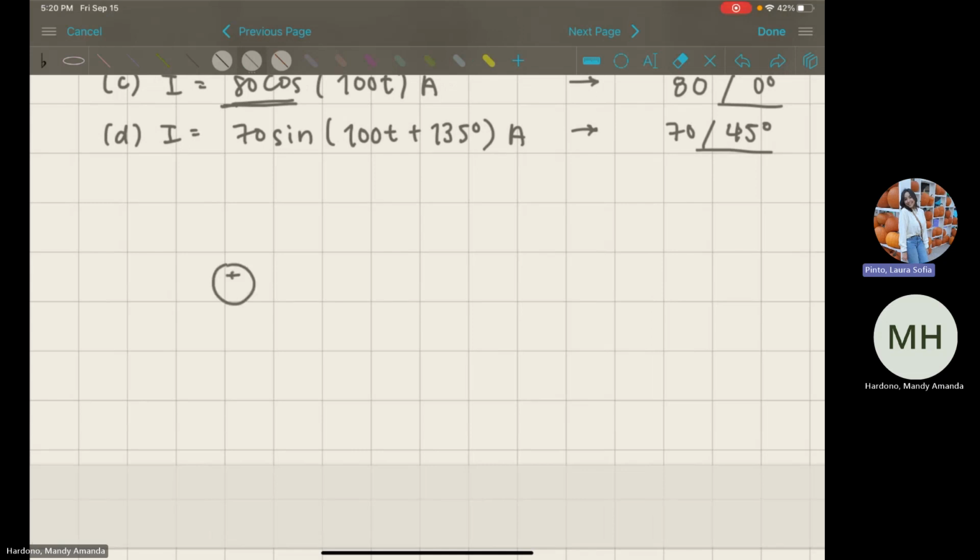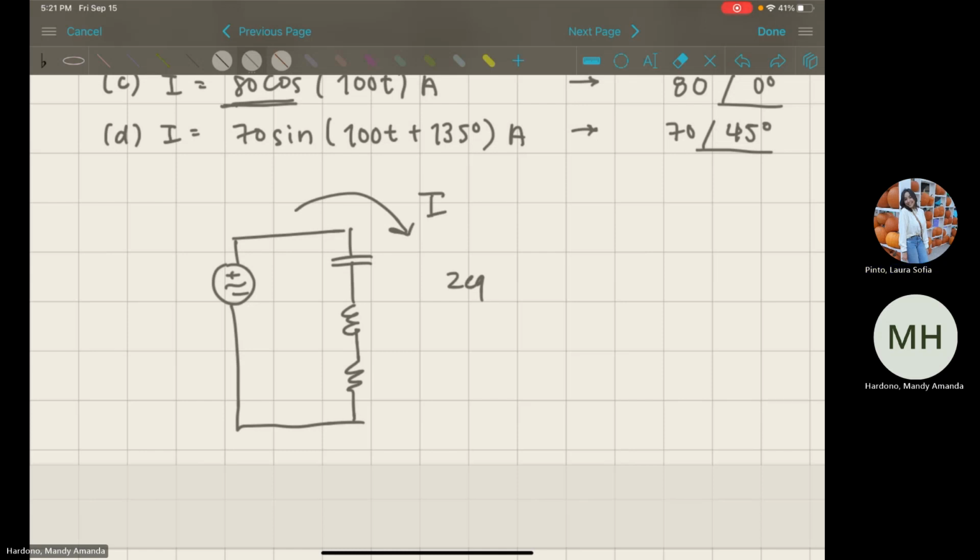Let's say you have a source, you have a capacitor here, an inductor, and a resistor. And then you have to find Zeq, and then find Ieq. Did she have y'all do that?